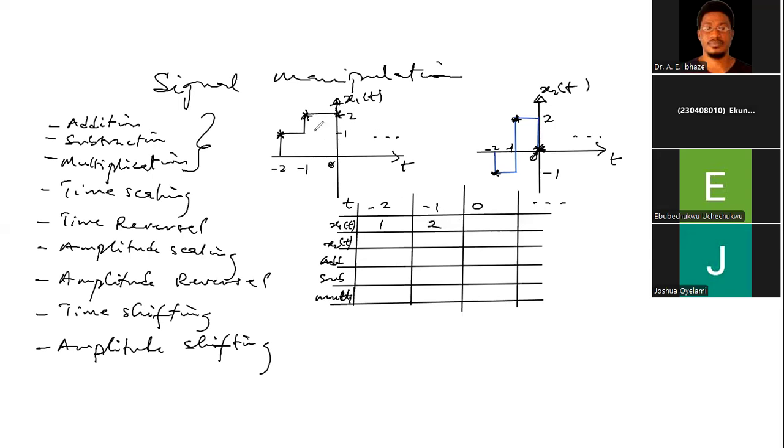Someone said it's -1, but you know why it is 2, right? We plotted at this point, then at -1, we plotted at this point, which is 2. So at 0, what is it? Is it 0 or 2? 2. Yes, it didn't drop.